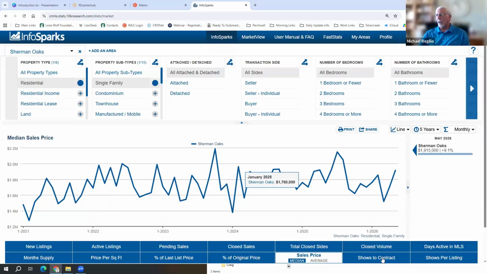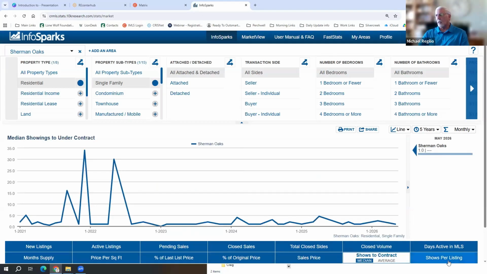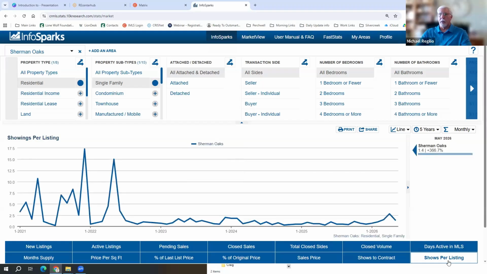The last two that we have really don't pertain to our marketplace. The first one is showings to contact and showings per listing. And the reason why these are not valid is because it's only counting the number of showings that were booked inside of the ShowingTime platform. And there are a lot of agents who don't use ShowingTime to manage their listings, to manage their showings.